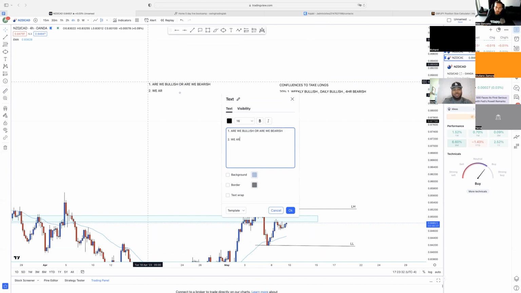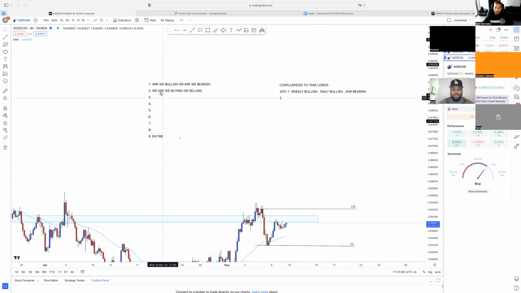Confluence 2, where are we buying or selling? Confluence 3, 4, 5, 6, 7 will be broken down tomorrow. It's so simple. And then Confluence 8, and then 9 is the entry signal, right?